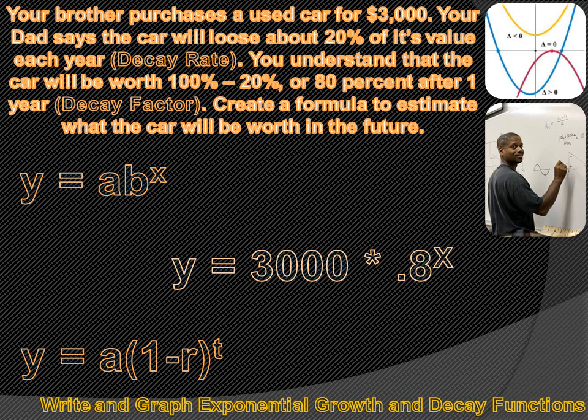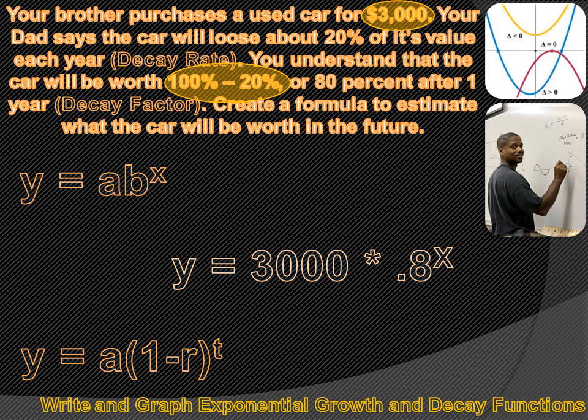But I don't need to create a table of values in order to calculate this equation. All the information I need is in the word problem. The word problem tells me my initial value for the truck, my value after 0 time periods, and that's $3,000. So I can plug that $3,000 in for a right there.